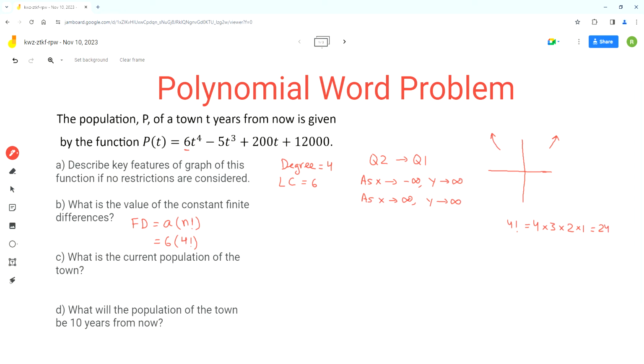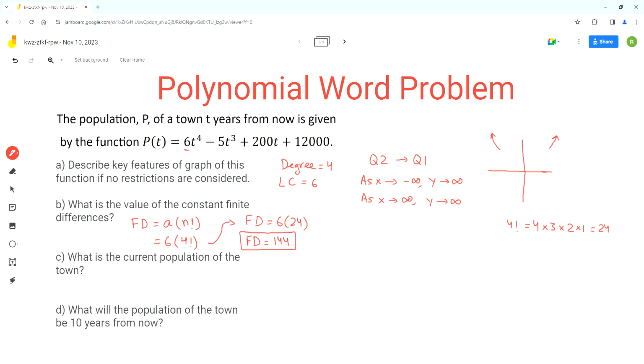Therefore, in the next step, the finite difference equals 6 times 24. And I got 144. So that's the finite difference for this polynomial function. Now we are done with part B.